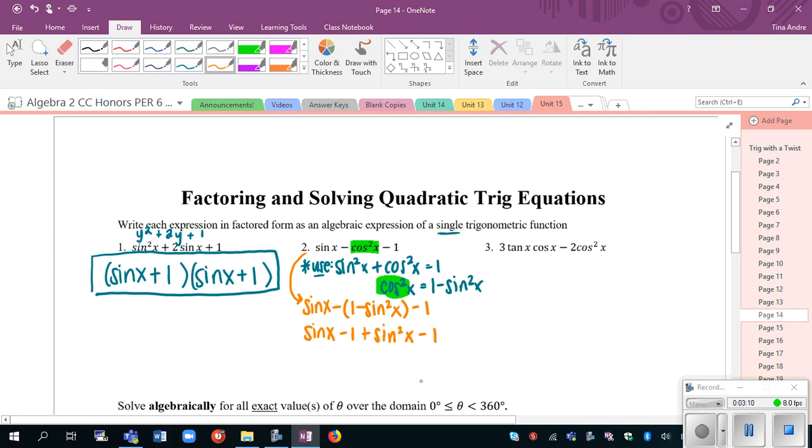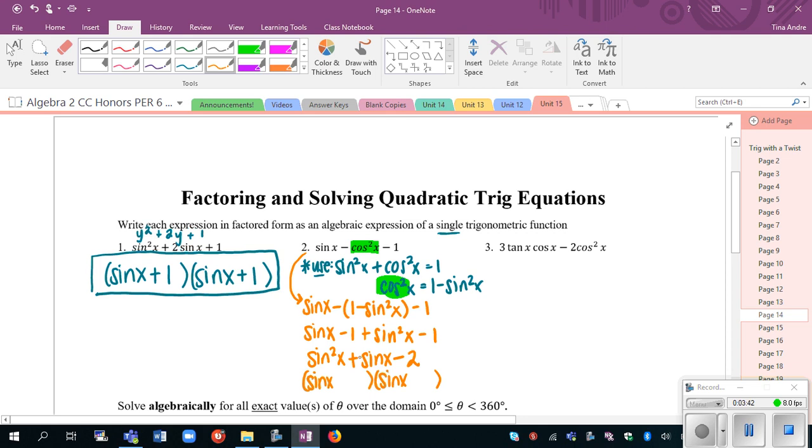Now we want to combine like terms, and we want to rearrange this in standard form. So I'm going to put my squared term first: sine squared of x, then my non-squared term, plus sine of x, and then we have a minus 2 when we combine those negative 1s. Now you want to factor this. Think about it as a variable squared plus a variable minus 2. Breaking up sine squared x is going to be sine x and sine x.